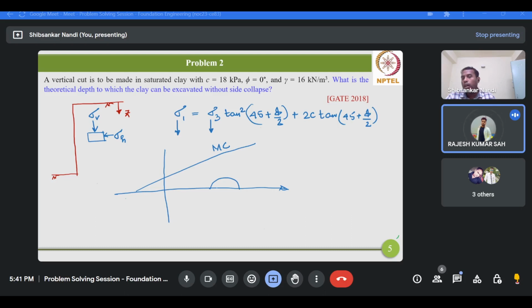I didn't get you. Means you are trying to say that this vertical line I should draw in this location? Yes, sir. What is the reason behind it? Because the soil is cohesive frictional.